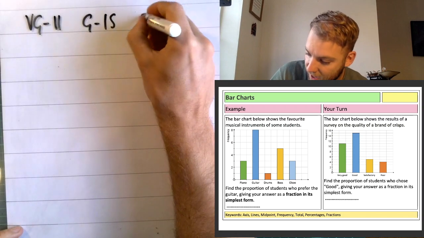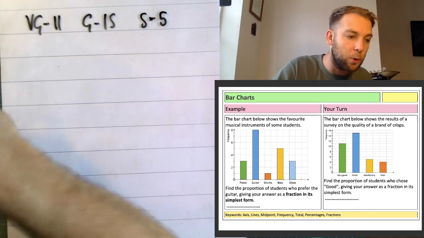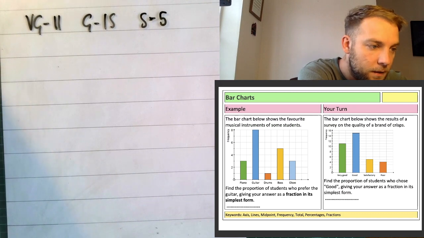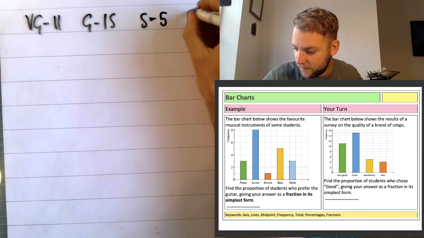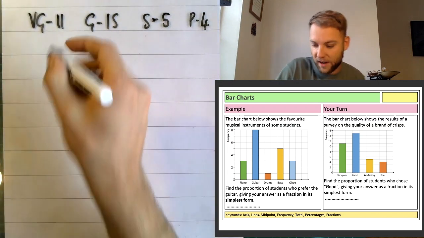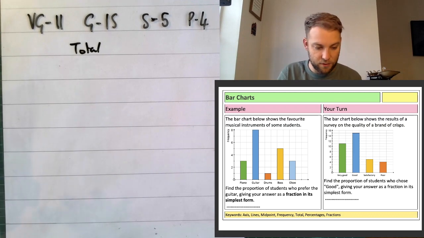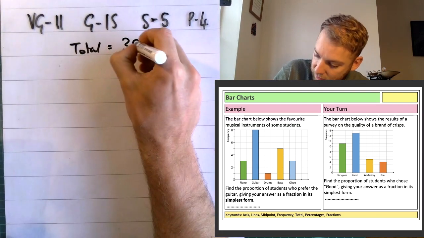So satisfactory is 5 and poor is 4. Super. So I need to find the total of all of these, which is going to be 11 plus 15 plus 5 plus 4, which is 35.